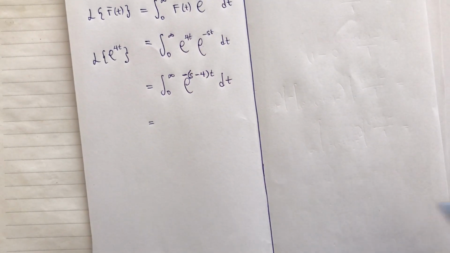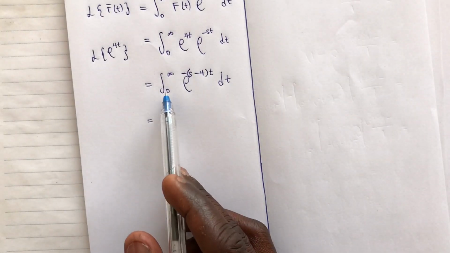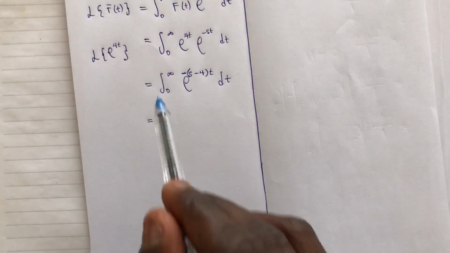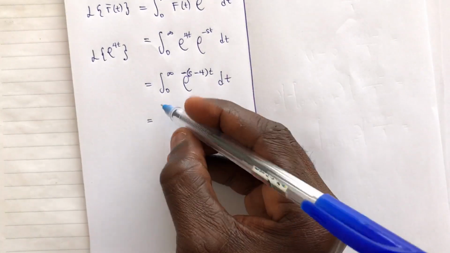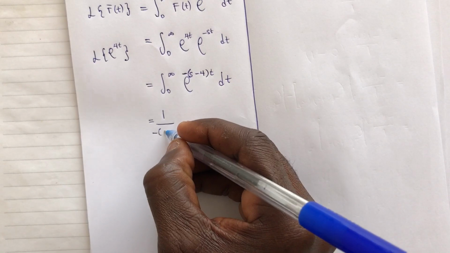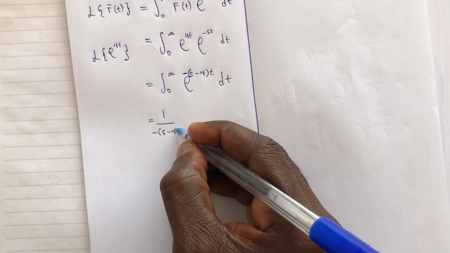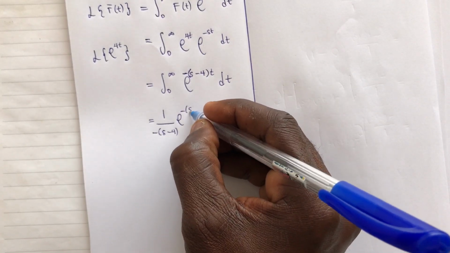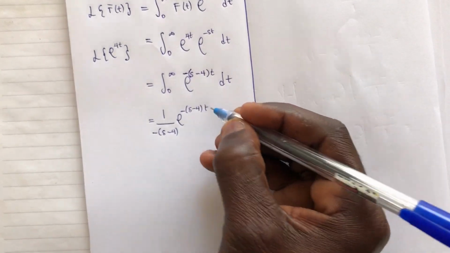Okay, so now let's do that. But remember, we have our lower and upper limit here. I am not taking limit here. I'll just put in the lower and upper limit. So this is going to give us 1 over minus s minus 4, bracket close, e to the power negative s negative 4 t.